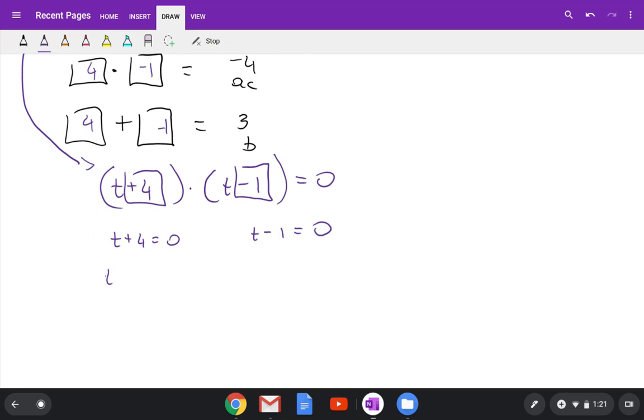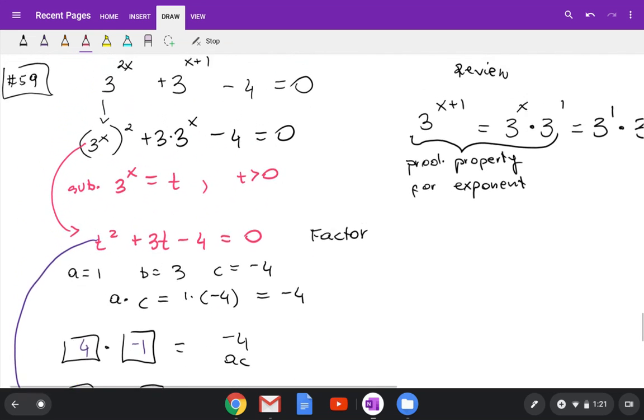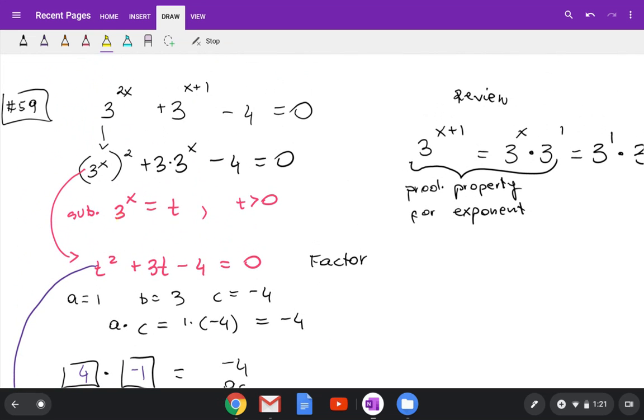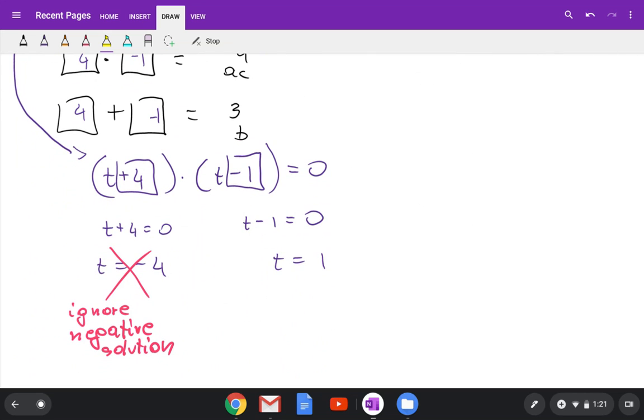We're getting t equals negative 4 and t equals positive 1. Don't forget, the negative solution we ignore, because t represents 3 to the power of x, and that's always positive. t equals 1 is correct.